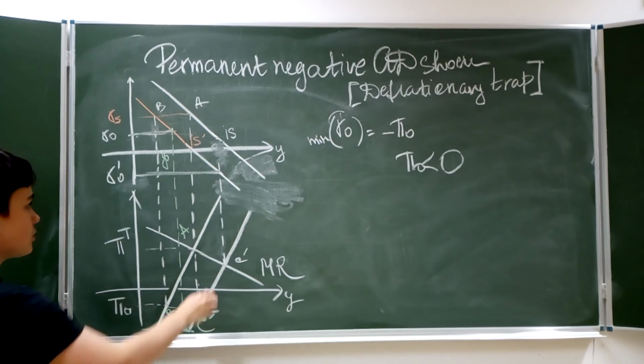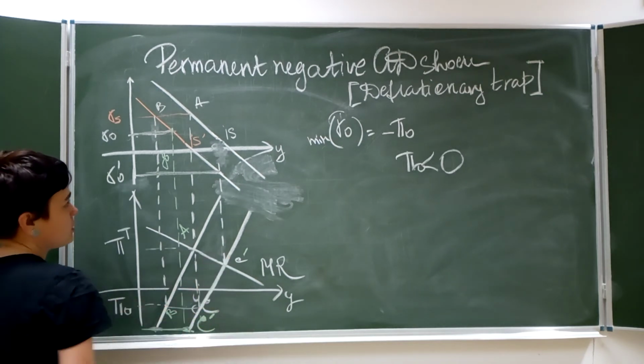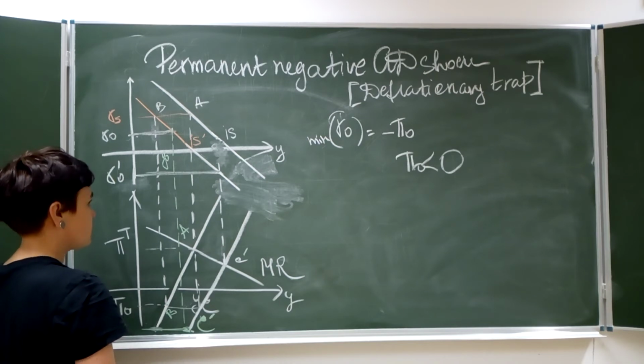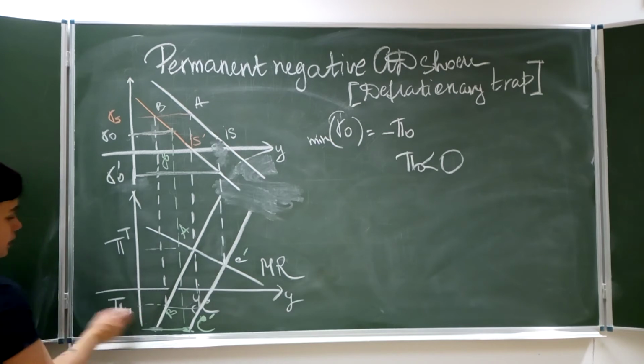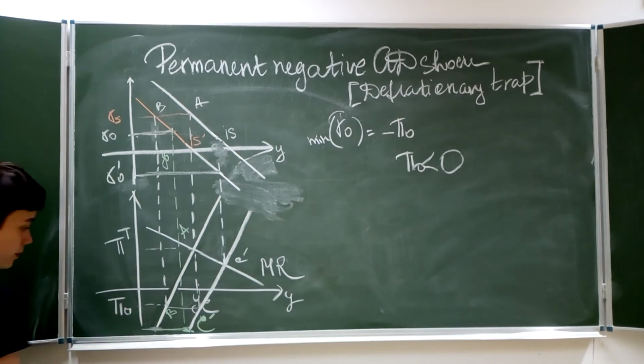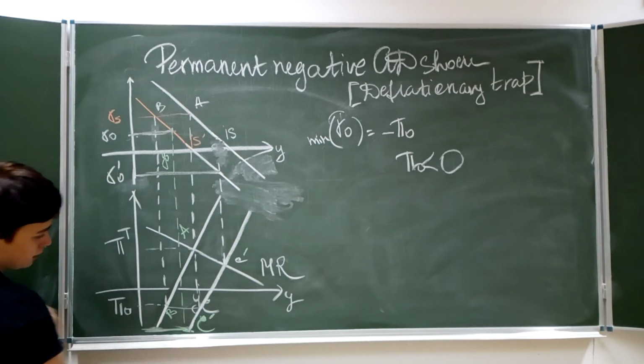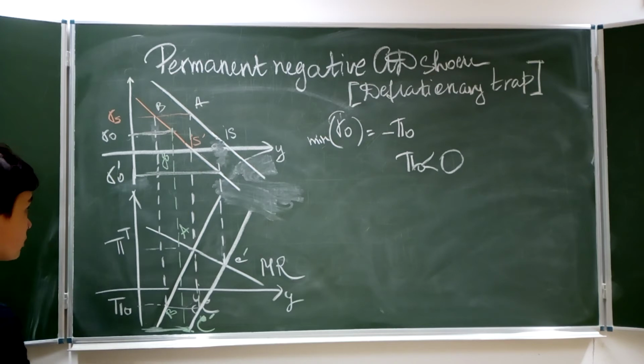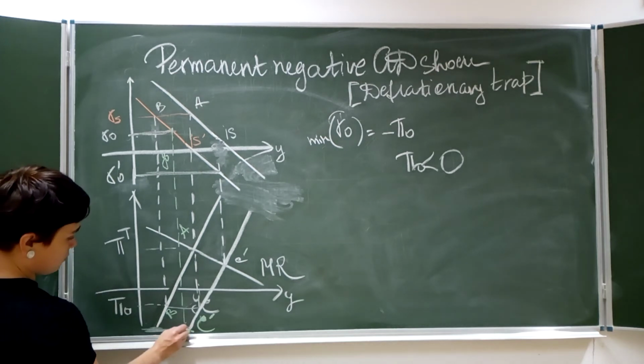Because again, this point C is unachievable. It would require a negative real interest rate, and it's impossible because there was negative inflation in the previous period. So this is what the central bank can actually afford. Here we end up at this point C, which is of course not on the monetary rule.